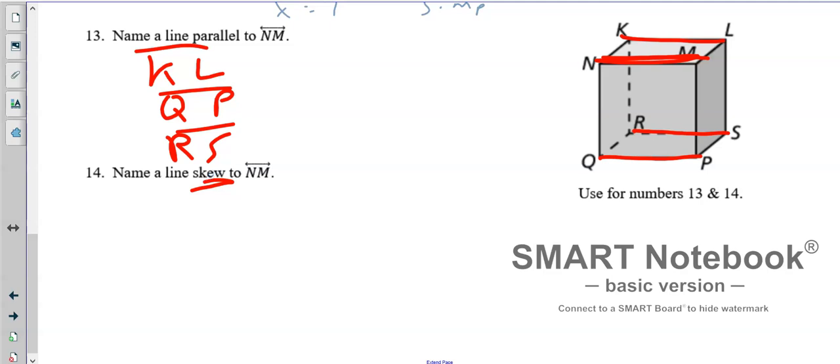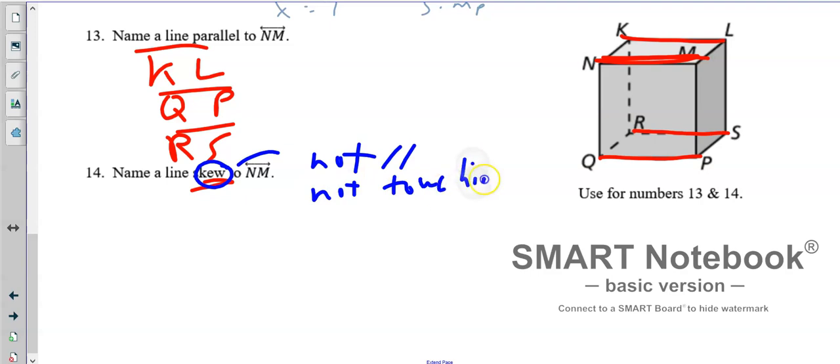I'm going to take a different color. Remember, skew, which you might want to put the definition of on your cheat card, means not parallel and not touching. So I'm going to do all the lines touching NM.